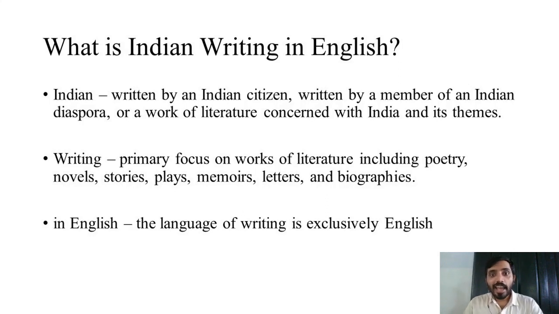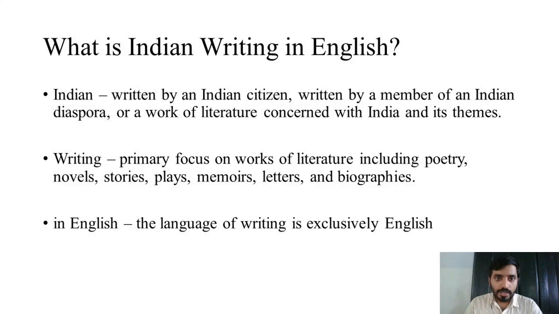Moving on, an Indian could also be somebody who is a member of the Indian diaspora, say, one whose father or mother or one of the grandparents had moved from India and settled abroad.